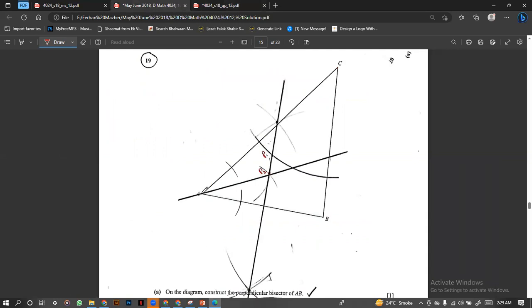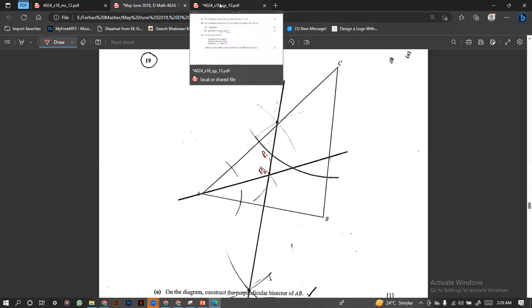I put my compass on A, draw one arc on the AC and one arc on the AB. Then I put my compass on each of these points and draw arcs. Then I join this point with A, and that is the angle bisector of the BAC angle.